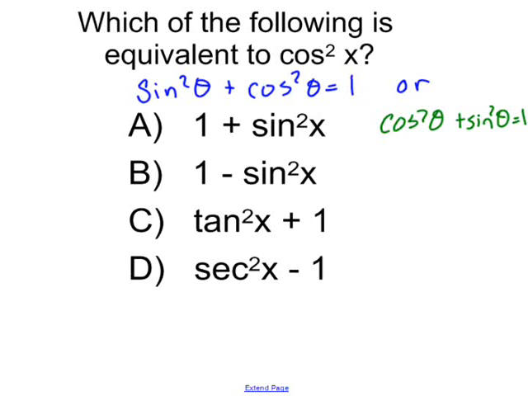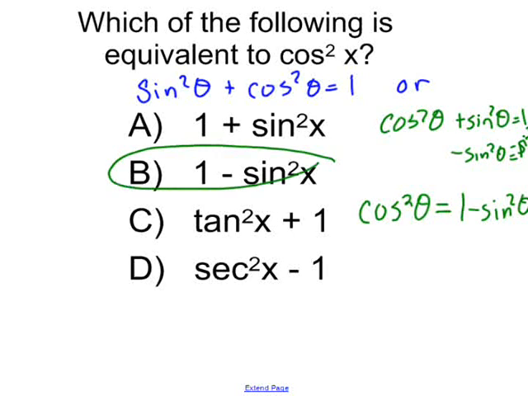And now it's easy to see, if I want to solve for cosine, I just subtract sine from both sides. Cosine squared theta equals 1 minus sine squared theta. And the only reason I would rewrite it that way is because then I wouldn't have to move the cosine or sine. However you feel, one goes first when we're adding. It doesn't matter which one's first.